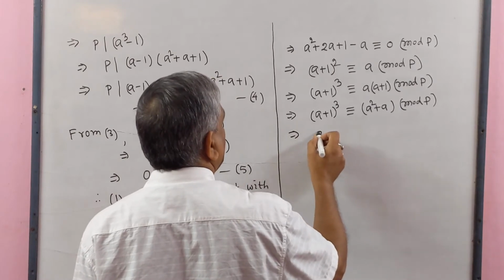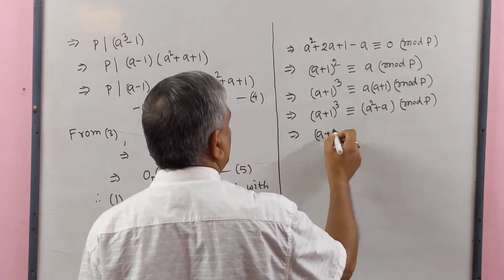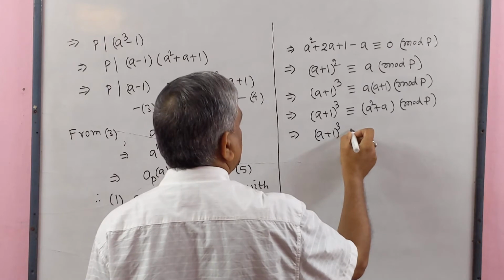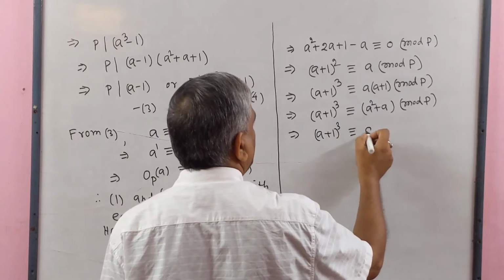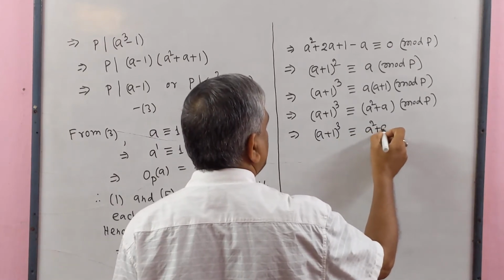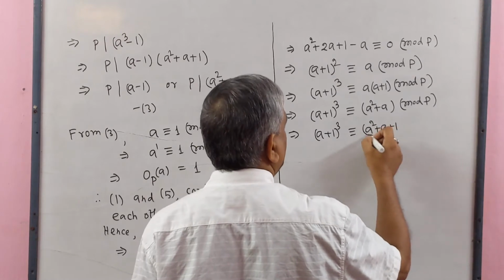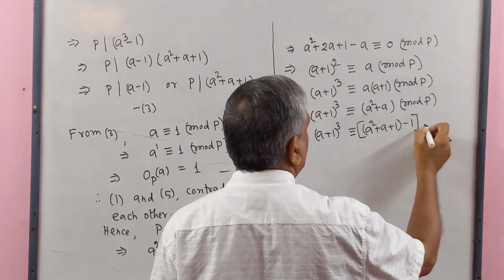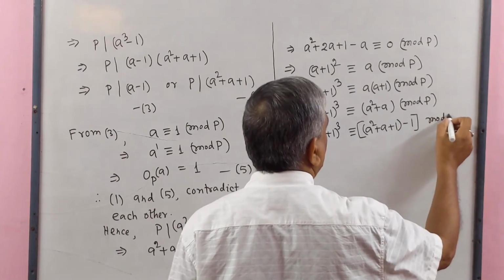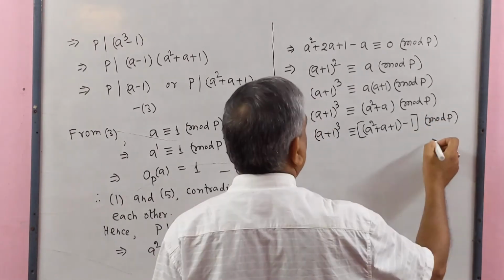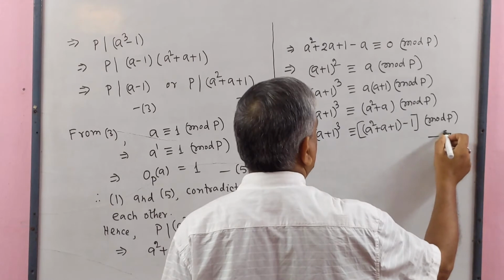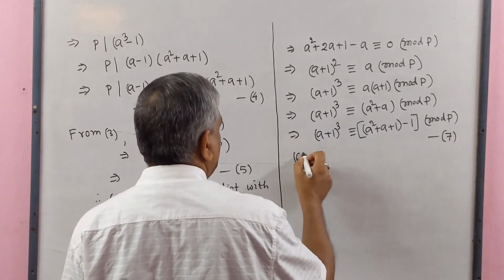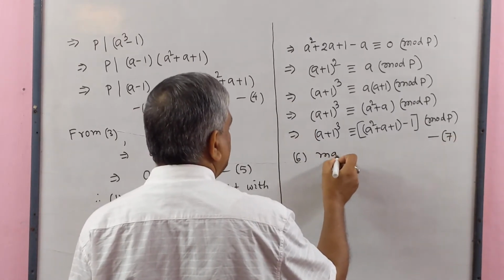Implies that a plus 1 whole cube is congruent to a square plus a plus 1 minus 1 modulo p. This is number 7.